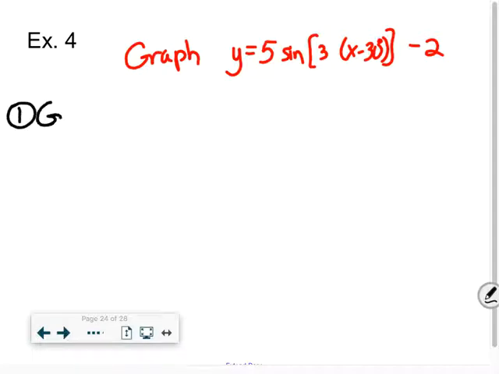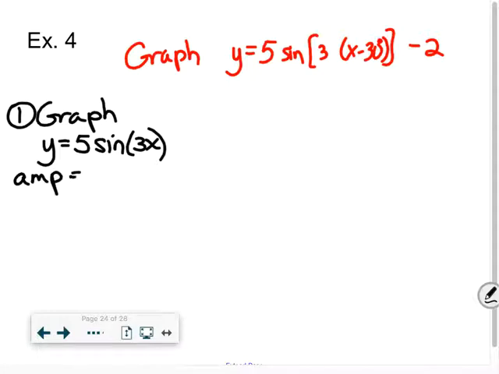Yep, so 2 steps. The first step is y equals 5 sine 3x. So when I've been saying y equals a sine bx, if there's a number in front of the x, we include it in step 1. The amplitude is 5, and my period length, finally, is not 360.